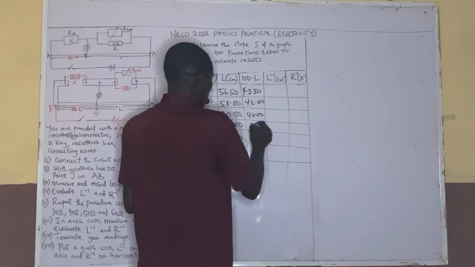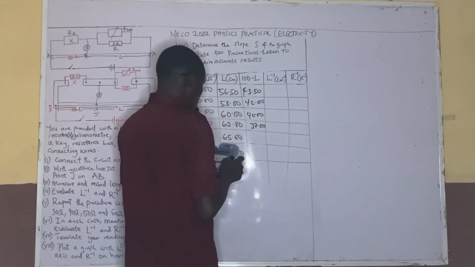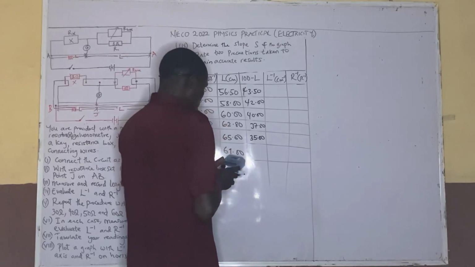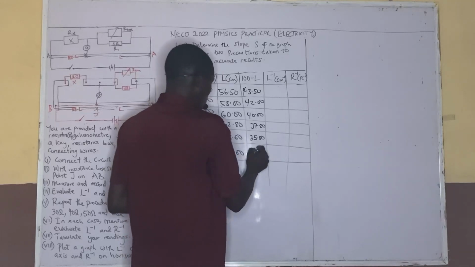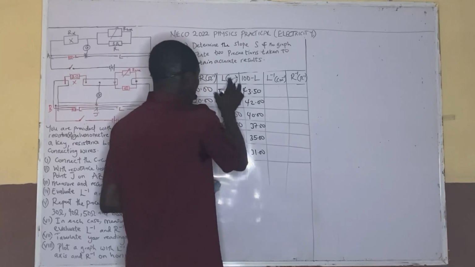We have 37.20. This one will be 35.00, and this one will be 100 minus 69.00. So we have 31.00 here. So now, with this, let's find what?